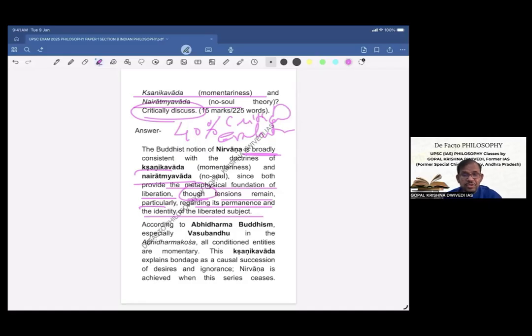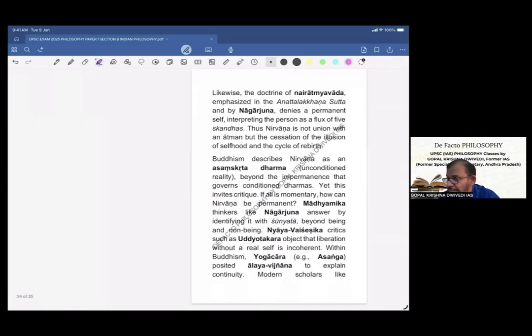According to Abhidharma Buddhism, especially Vasubandhu in the Abhidharmakosha, all conditioned entities are momentary. This Kshanikavada explains bondage as a causal succession of desires and ignorance. Nirvana is achieved when this series ceases.